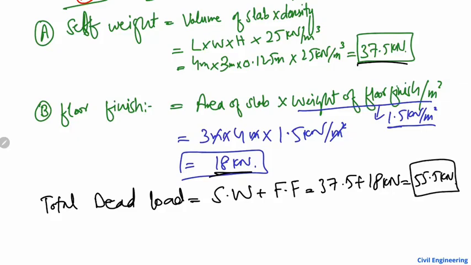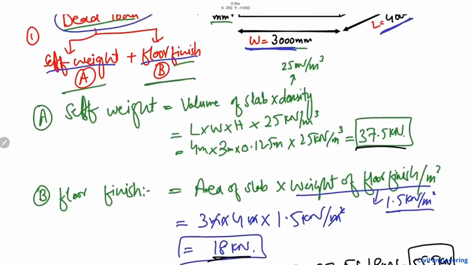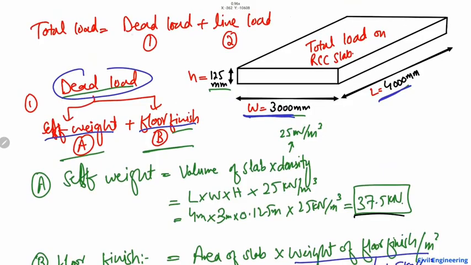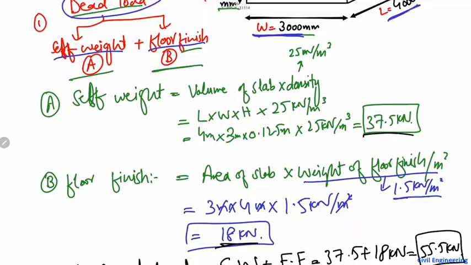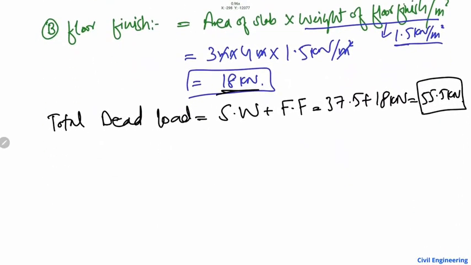acting on this slab. Now the second step, if you remember, was the live load. Now we found out the dead load. We have to find out the live load acting on this slab. So how to do this? It is also very simple.